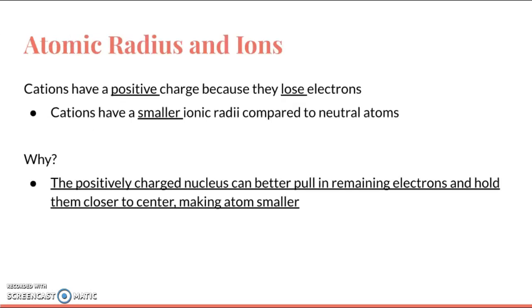All right, so atomic radius can also have an impact on ions. We have learned that a cation is a positive charge, meaning that they lose electrons. If I am losing an electron from that outer ring, I'm going to have a smaller ionic radii compared to the neutral atom.